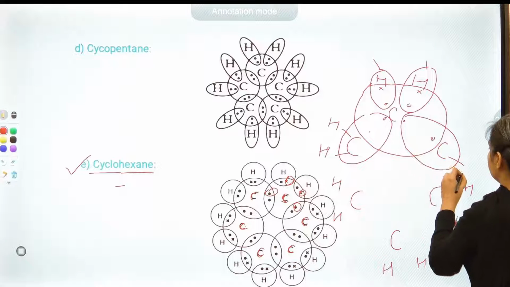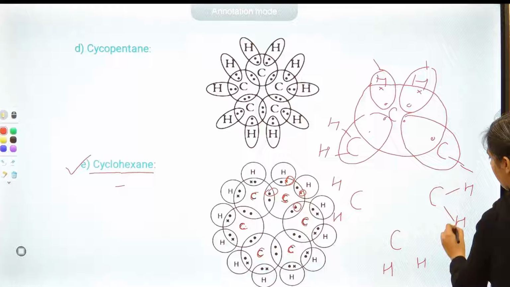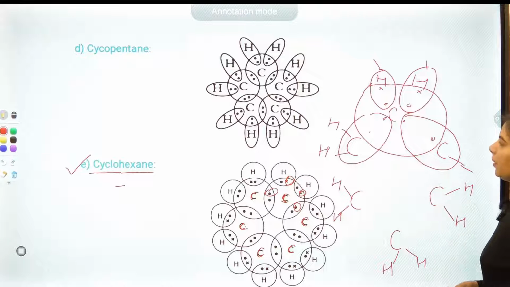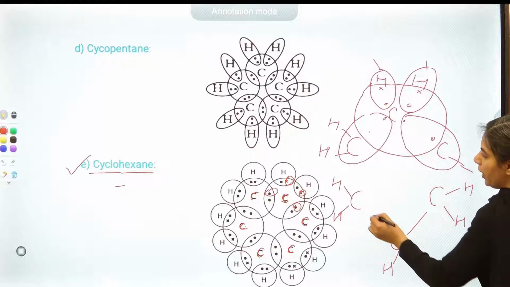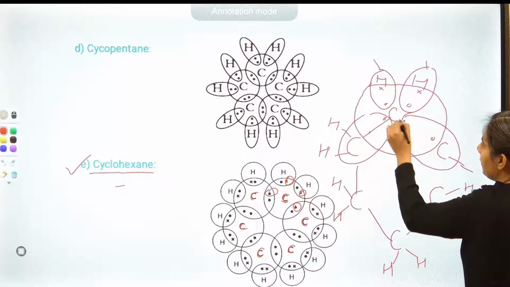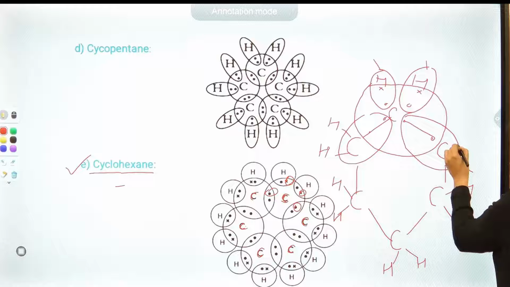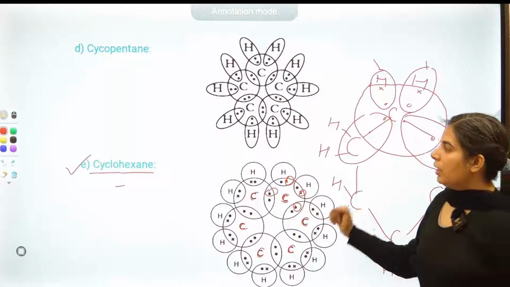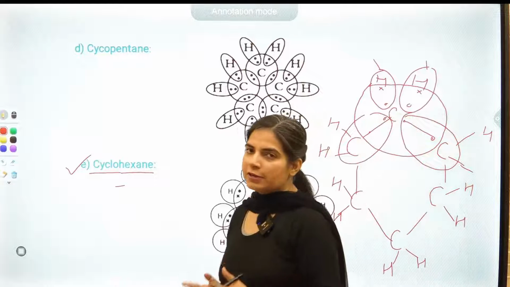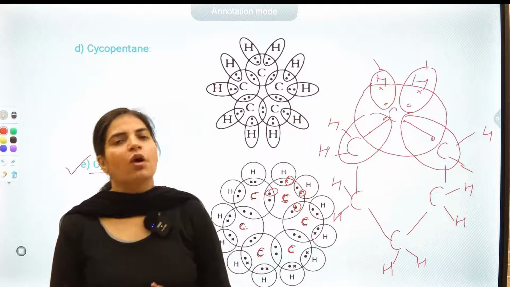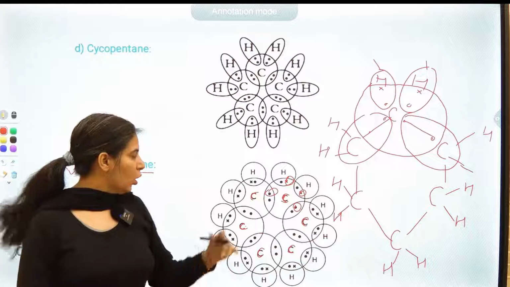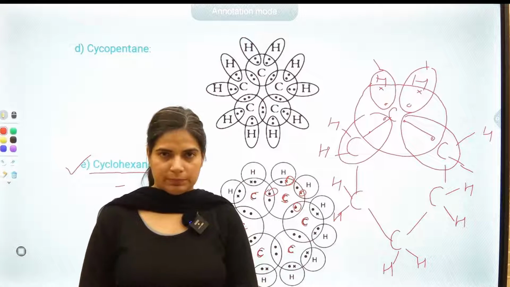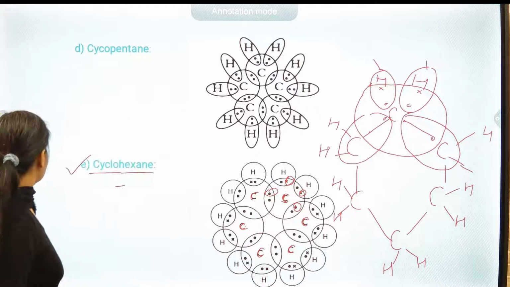So here each carbon is attached to another carbon by the mean of single bond. This is the structure of the cyclohexane. Firstly, we have to mention dots for each electron, and then we can join the dots in order to form a bond. Let's move to our next slide.